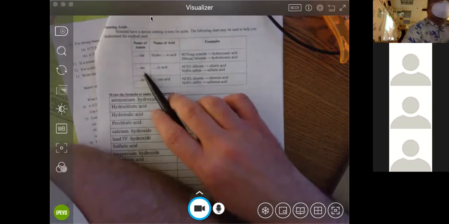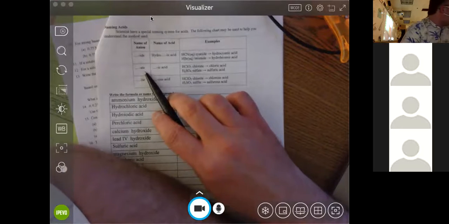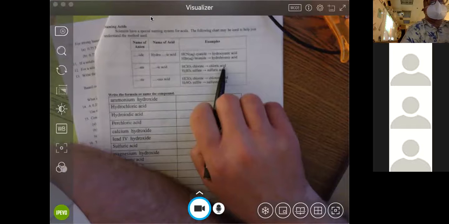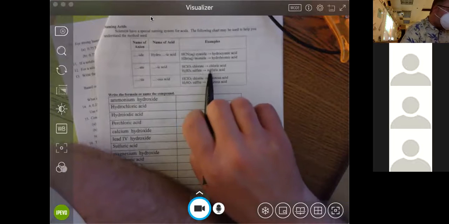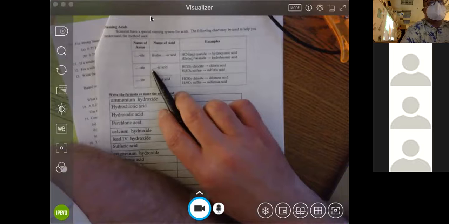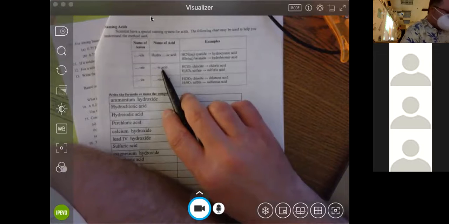If it ends in -ate, like sulfate, nitrate, chlorate, then we change the -ate to -ic and add acid. So chlorate becomes chloric acid. Sulfate becomes sulfuric acid. We take the -ate off and add -ic at the end. Nitrate would become nitric acid.